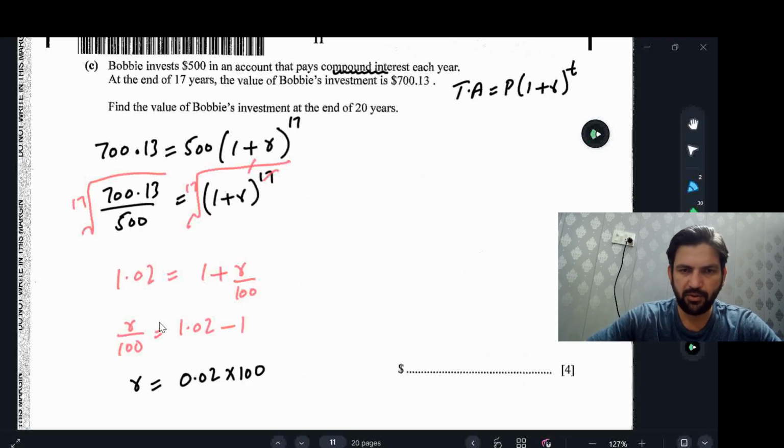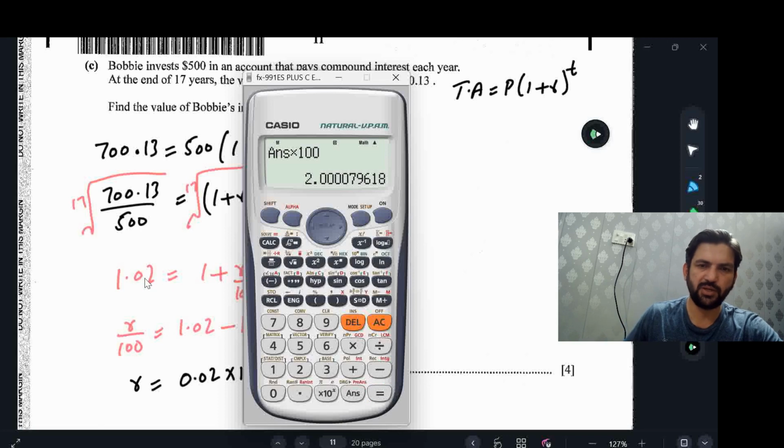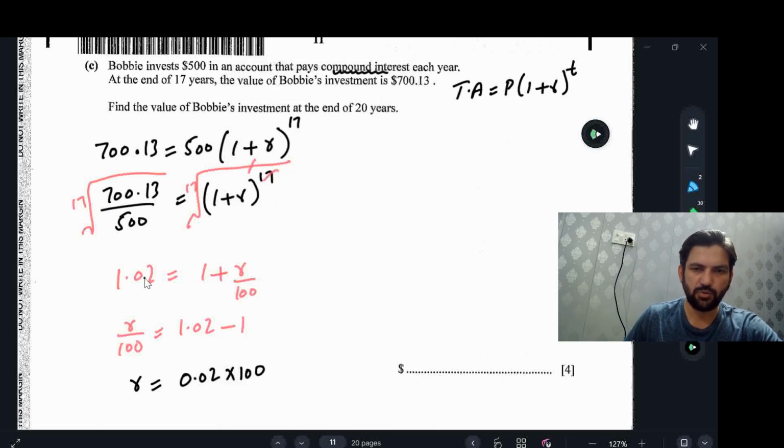So this minus 1, the answer is 0.02, and then if we multiply it by 100, the value of R will be 2%. So we can say R is equal to 2%. Now if you want to calculate in terms of percent, R percent will be equal to 0.02.